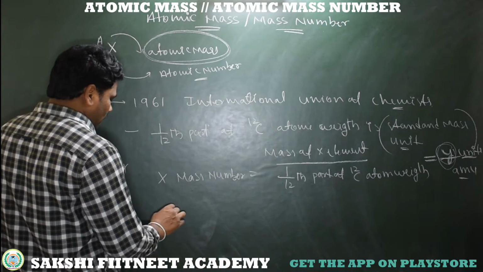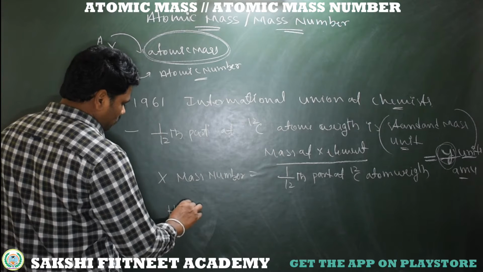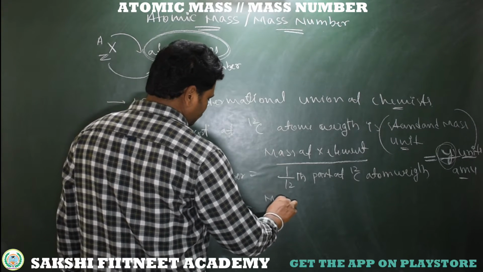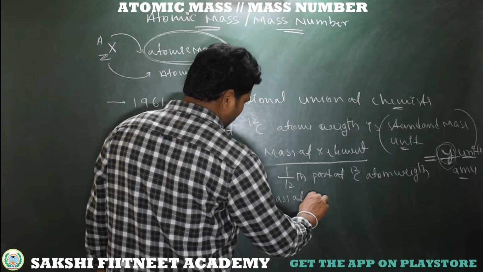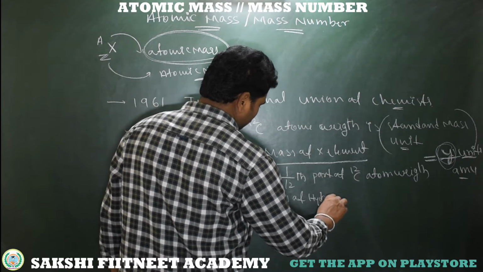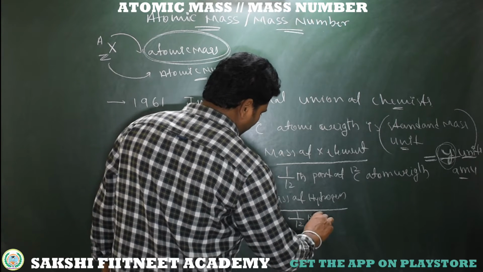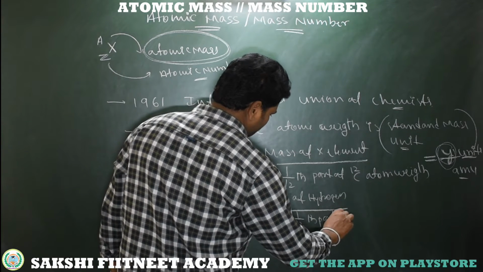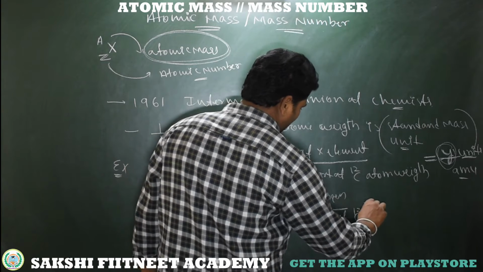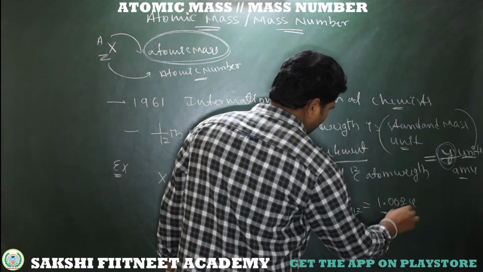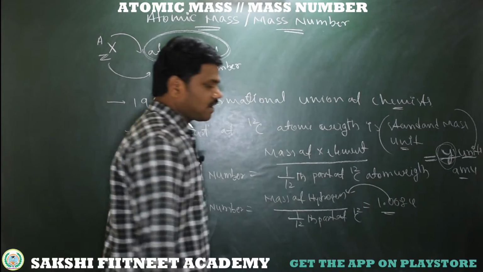Example here for hydrogen, mass number is equal to mass of hydrogen divided by 1 by 12th part of C12, then we are getting 1.008 units. So this is the mass number of hydrogen.